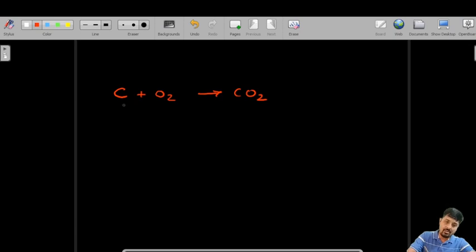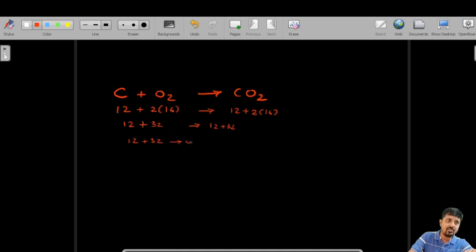Now you know the atomic mass of carbon is 12, and oxygen is 2 times 16. So we calculate: 12 plus 2 times 16, which is 12 plus 32, giving 44.